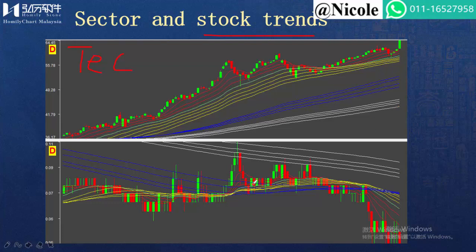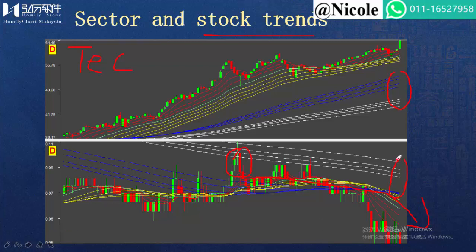So for example, if you buy this kind of share, this is a technology share, and the long term of technology is uptrend, but for this share long term is downtrend. So for example, you buy here and then you hold it here, the longer you hold the more you lose. So that's why we should choose strong shares.